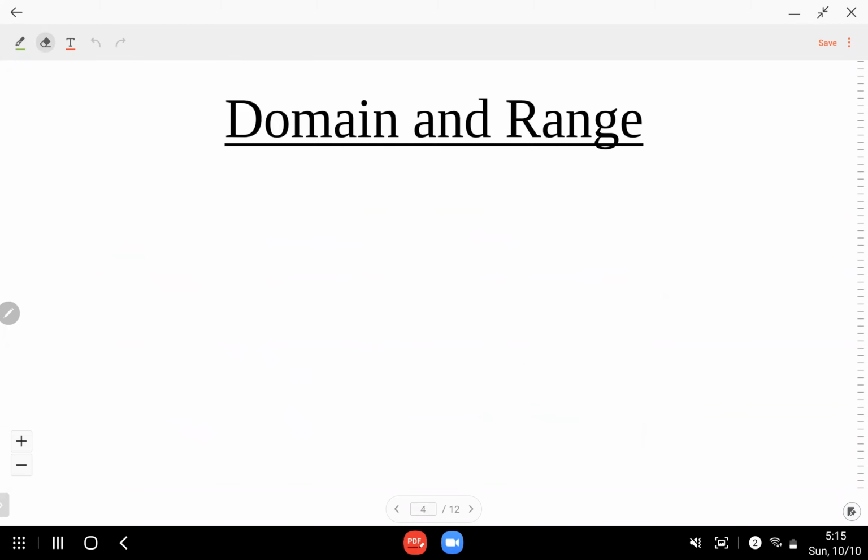So, domain and range. You need the domain and range. They're very important factors when you're graphing a function, especially the domain. So what is the domain? These are our two big ideas here.